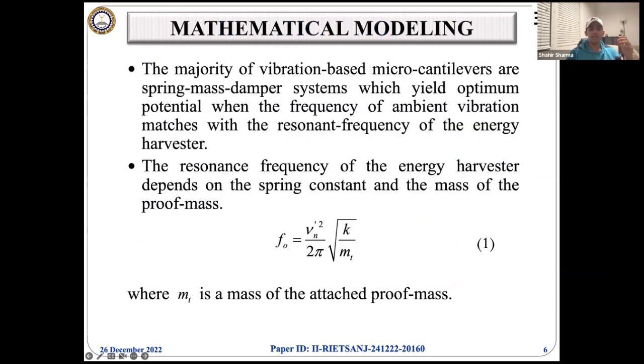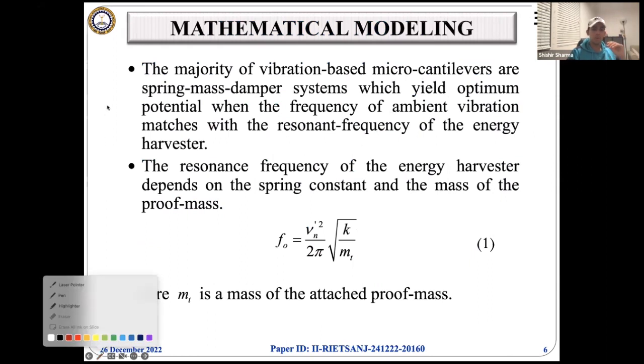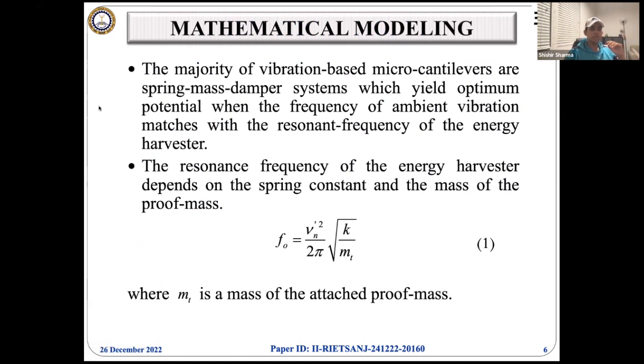If you look at my screen, you can see the resonance frequency of the energy harvested depends mainly on the spring constant and mass of the proof mass. And one more important thing, the majority of the vibration-based micro cantilevers are spring mass damper systems, which if you think about it, it's like a spring and a mass is connected to it.